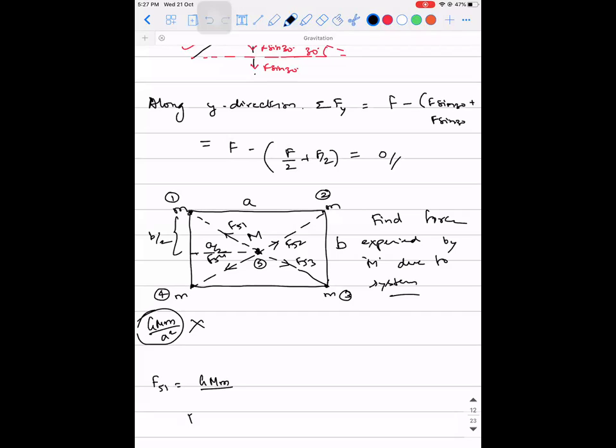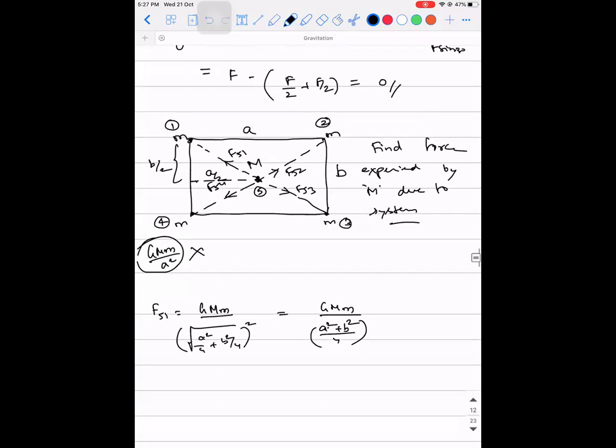So divided by root of A square by 4 plus B square by 4 the whole square. So G capital M into small m divided by A square plus B square divided by 4. Similarly, F52 will also have the same value. This will be the value for F53 and this will be the value for F54 also.